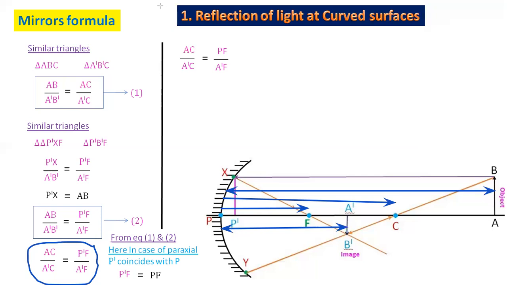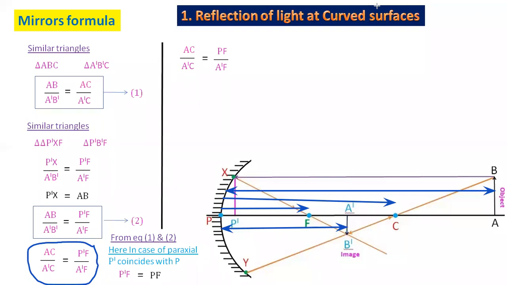Pole to the object is object distance. Pole to the image is image distance. Pole to the focus is focal length. Pole to the center is radius of curvature. Any confusion in these definitions? These are just measurements, parameters. So everyone is almost clear.